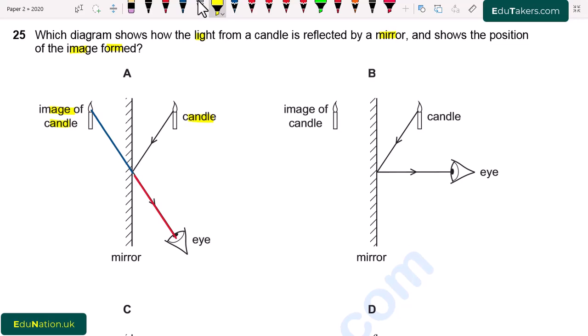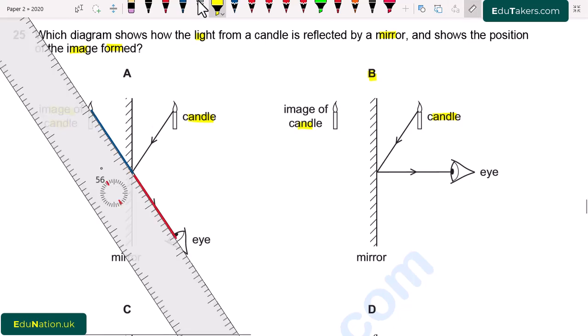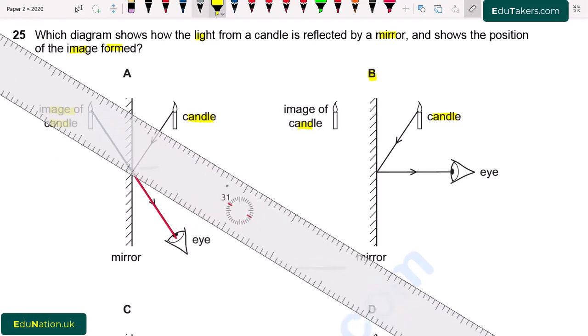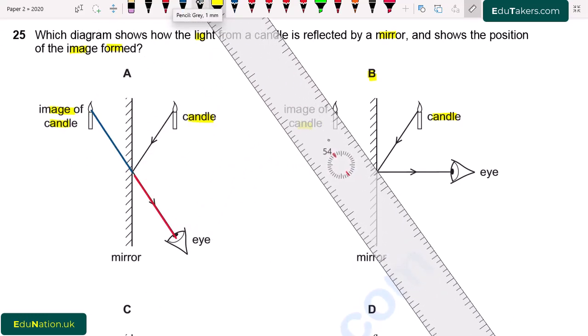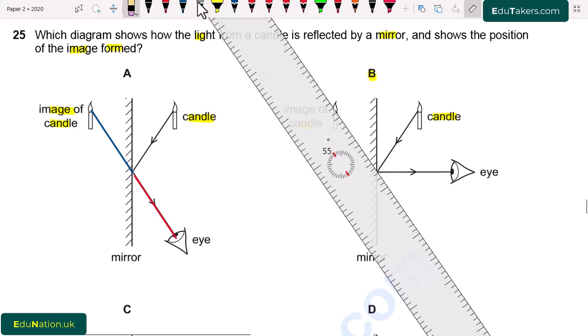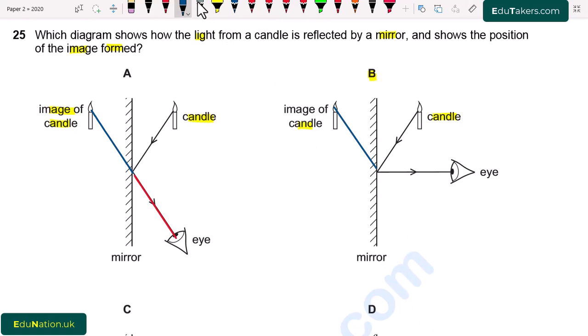In the MCQs B, we see here that the candle is on the left side and also the image on the right side. But if I draw here a line, then in order to see the image of the candle, the eye should be at this position, not at some angle.